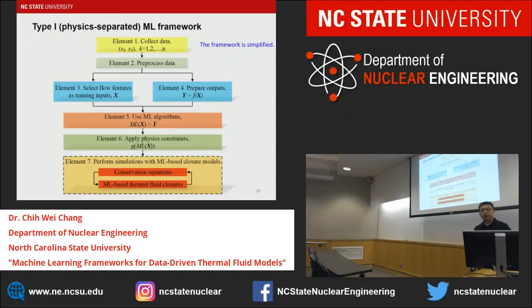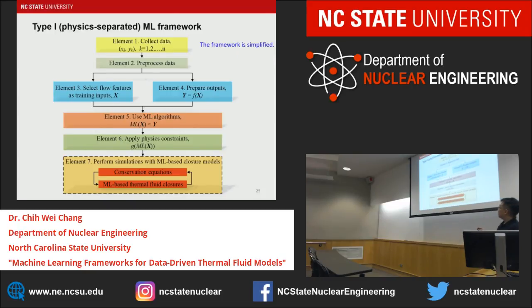And now we are introducing the type 1 machine learning framework. This is a simplified framework, and the actual framework will be more complex because we potentially have a lot of different selections of flow features. These frameworks just want to emphasize the role of machine learning in our study. Starting from element 1, we need to collect the data, which could come from experiments or high fidelity simulation. And then we need to average the data depending on our problem.